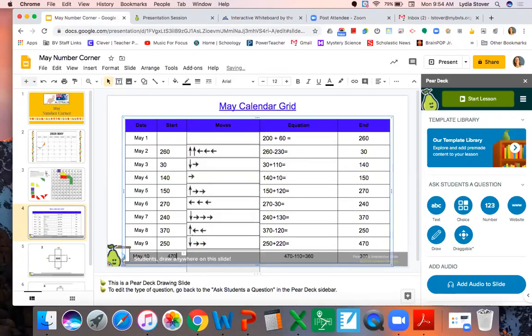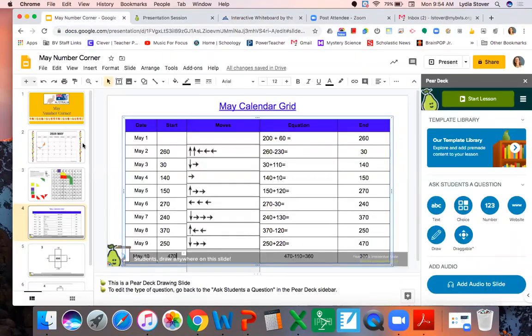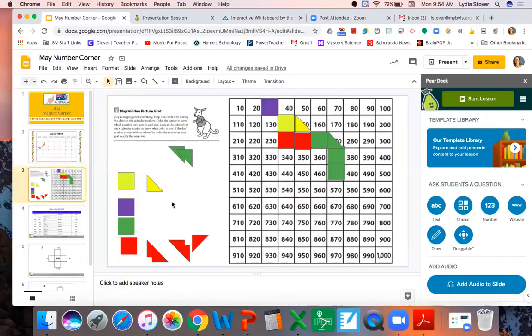So that means we're going to go to 360 and we are going to color it red. Red. So get a red crayon or marker. We're going to go to 360 and cover that up. So now your picture grid should look like this.